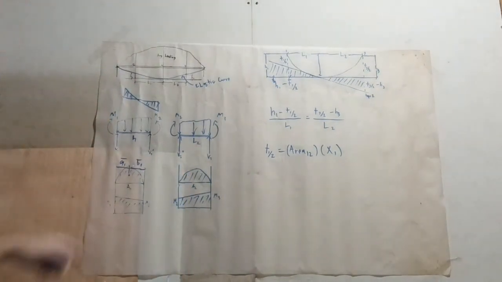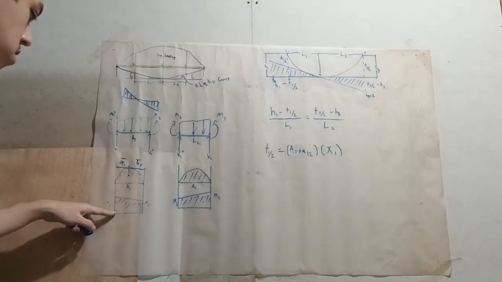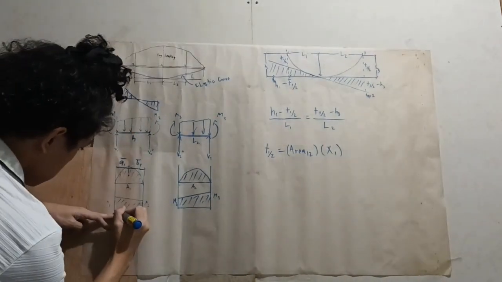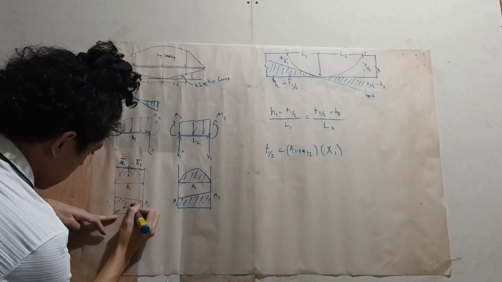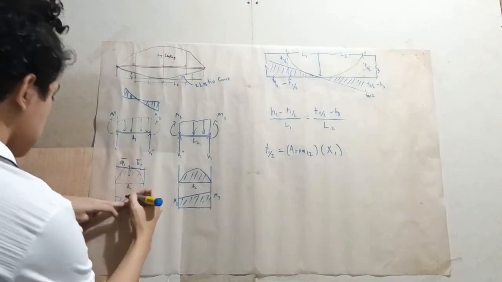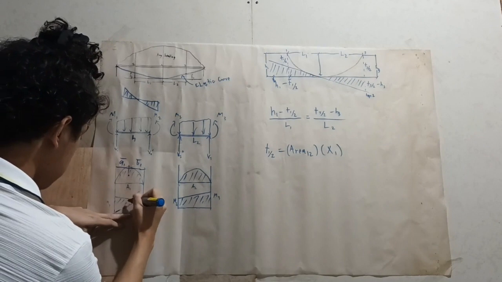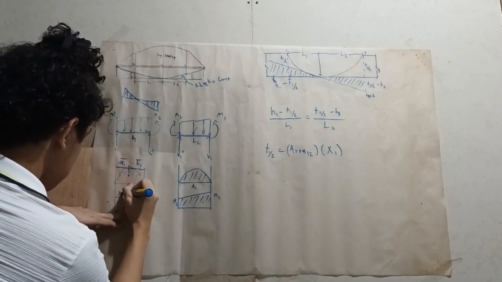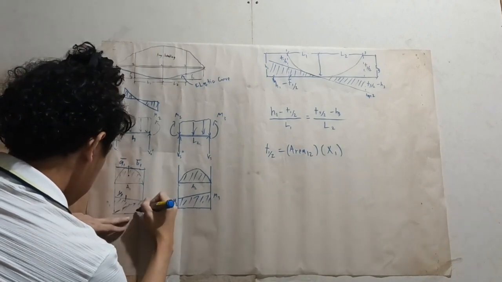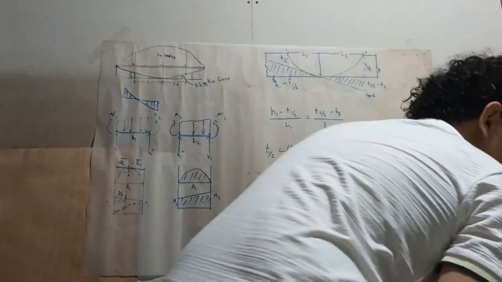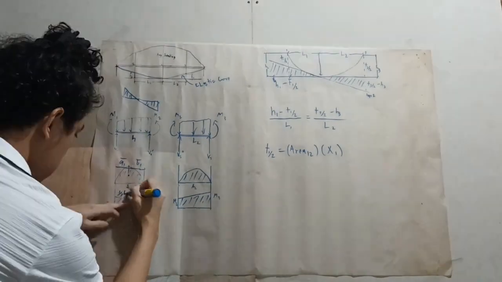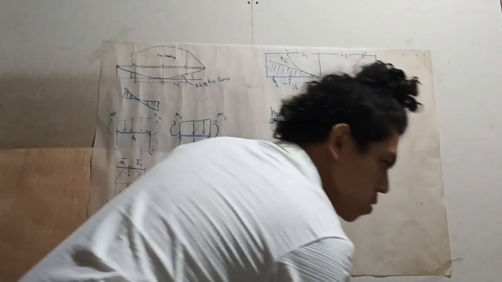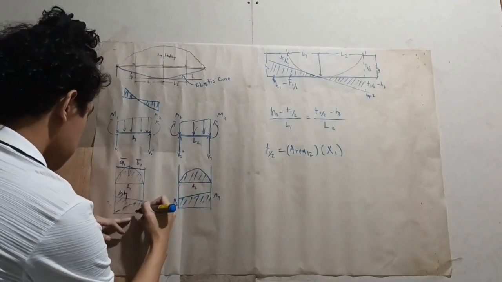Here, since it is a trapezoid, we treat it as two triangles. So the centroid here is 1/3 and here is 2/3: 1/3 L1, 2/3 L1.